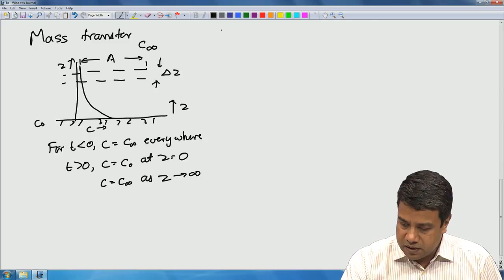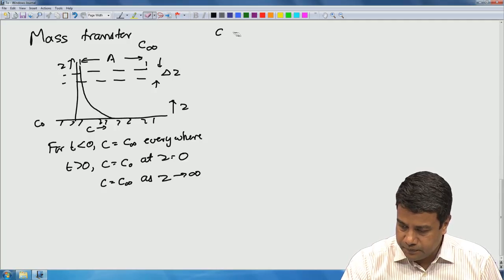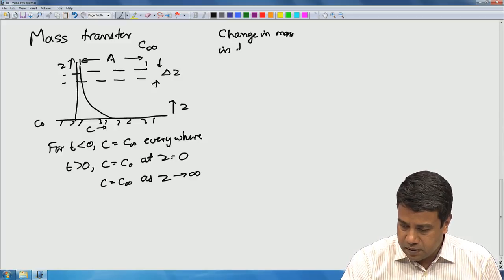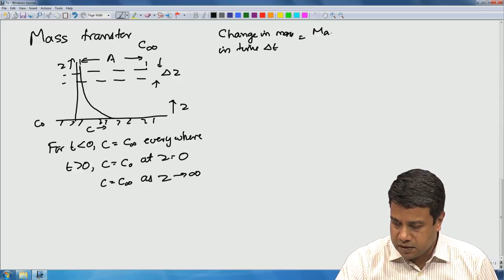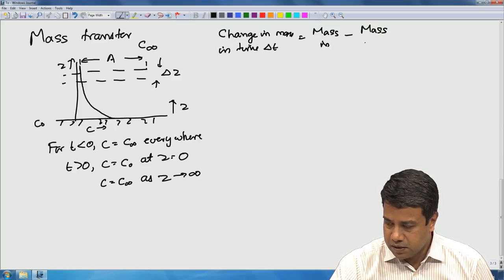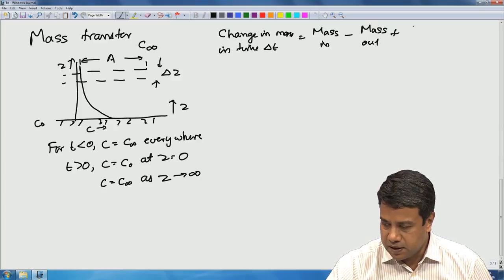Change in mass in time delta t is equal to mass in minus mass out plus any sources of mass.